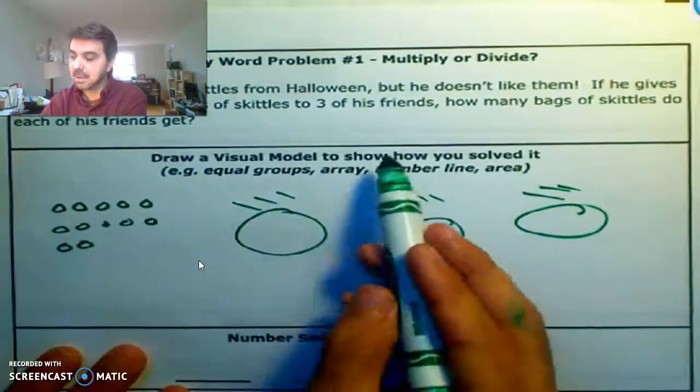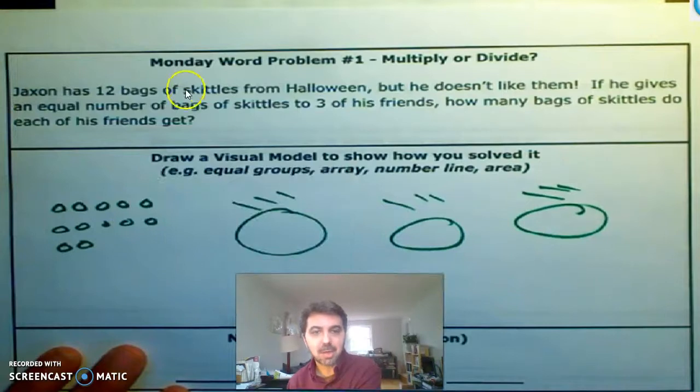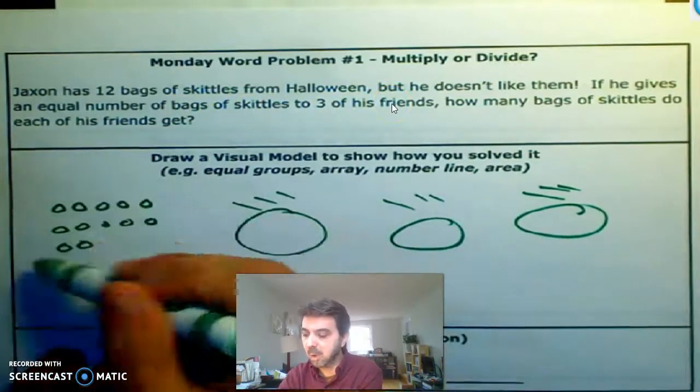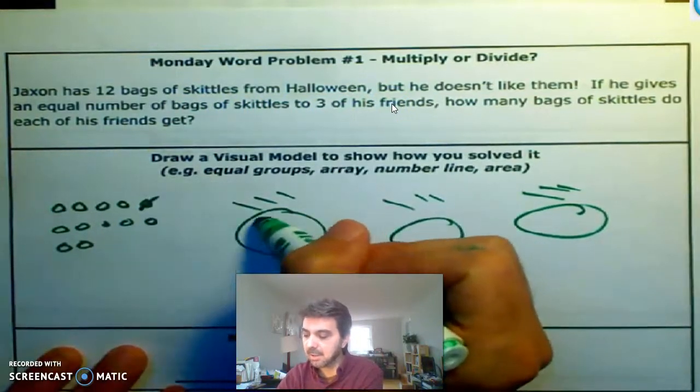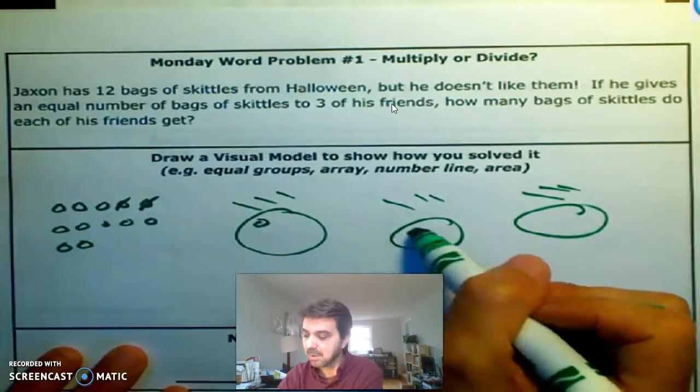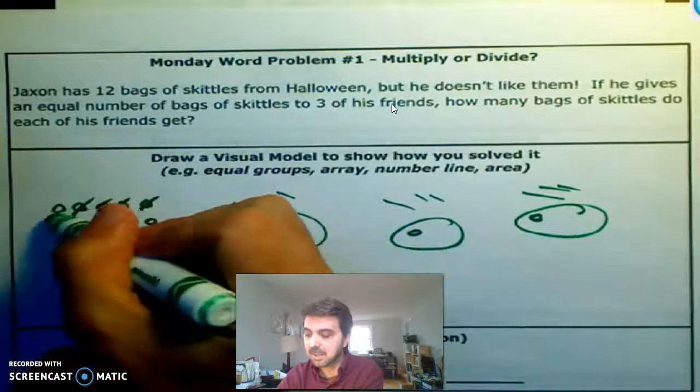And he gives, sorry, my face is in the way. He gives an equal number of bags of Skittles to 3 of his friends. Okay, so there's 12 of them. So I could just do it like this. I could give 1 to this friend, 1 to this friend, 1 to this friend. I'm crossing them out to keep track.